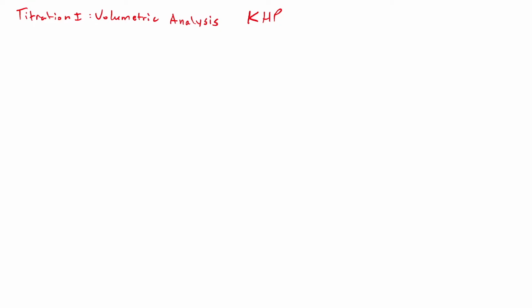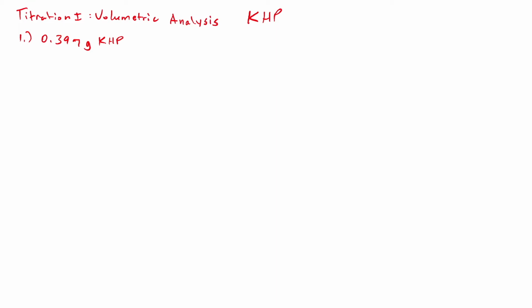The way you start this out is by first seeing what all you have. The first thing you have there is 0.397 grams of KHP. And you're going to have to do some dimensional analysis here. I hope you guys remember how to do dimensional analysis.